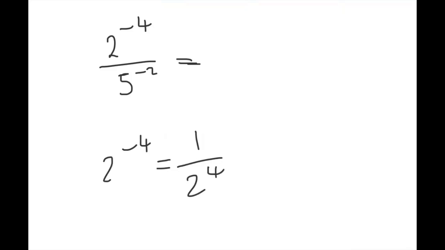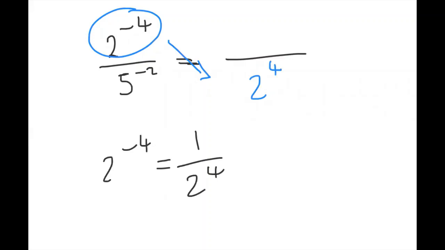That means this here is going to the bottom, and that's going to become 2 to the 4. And this 5 to the power minus 2, I'm going to take to the top. And if I take it to the top, then it becomes 5 squared. The minus 2 becomes a plus 2. So now it looks a bit better. It looks like something that we can work out.